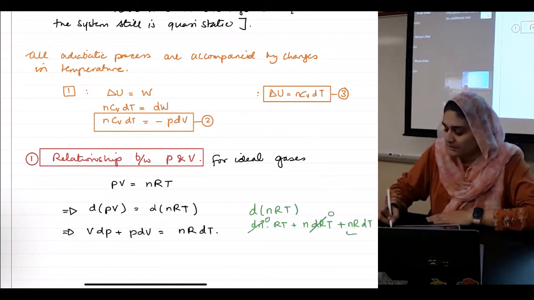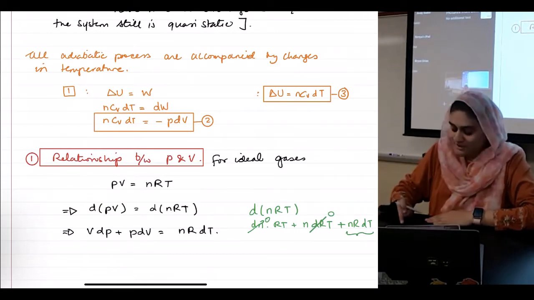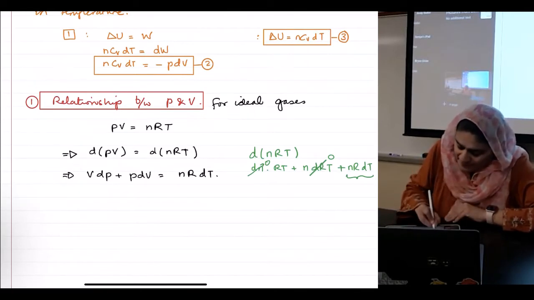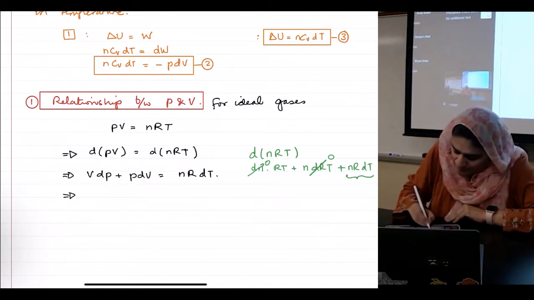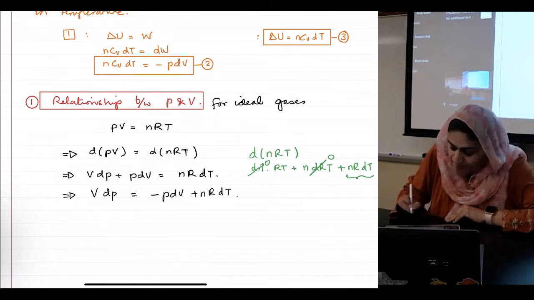So what's the only term that will survive? Okay, good. So now, may I rewrite this equation as VdP equals negative PdV plus nRdT.